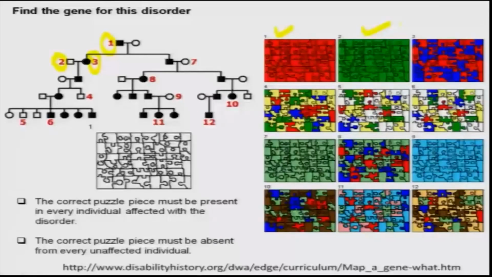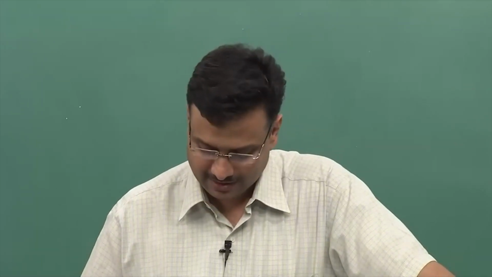I have given the link for this particular site. This is something that I have downloaded from a popular teaching tool that is available on the net. It helps you to understand how you can identify the disease gene.